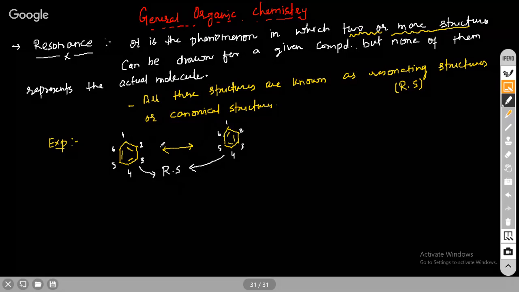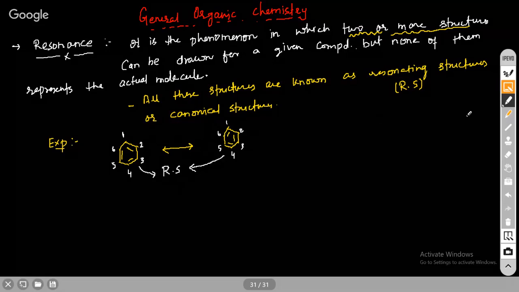Where there is a double bond here, there is a single bond there. So both these structures are different, and we call them resonating structures or canonical structures.